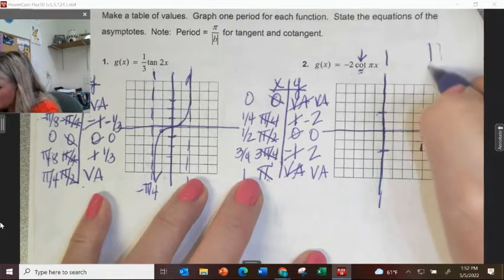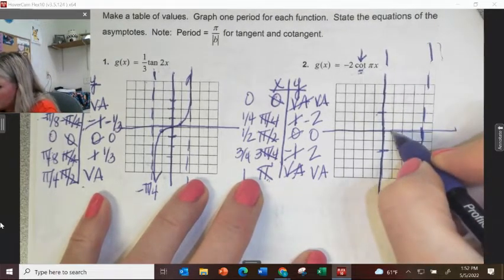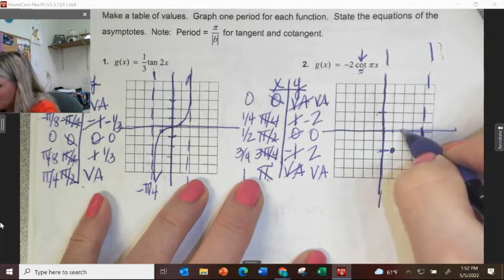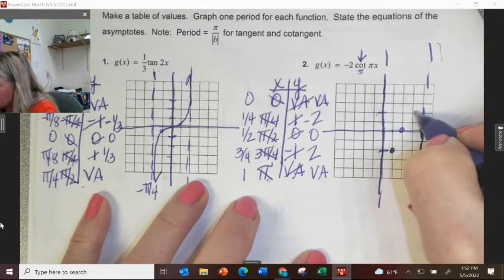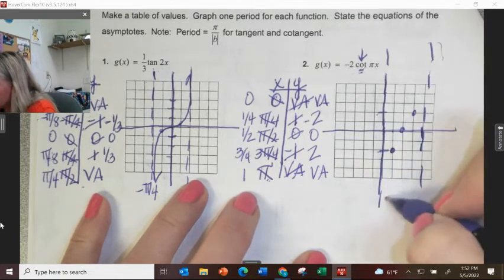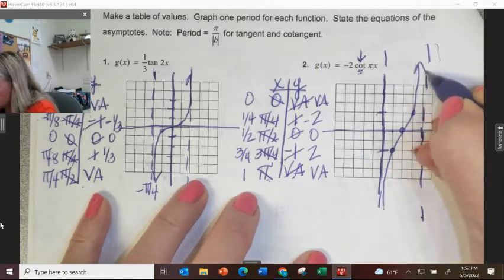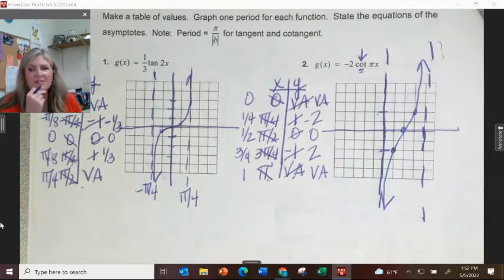X equals 1, vertical asymptote. At 1/4, I'm going to be at -2. At 1/2, I'm going to be at 0. And at 3/4, I'm going to be at 2. Connect those dots and graph 1 period. Now, I thought we said that cotangent goes down. What's going on?